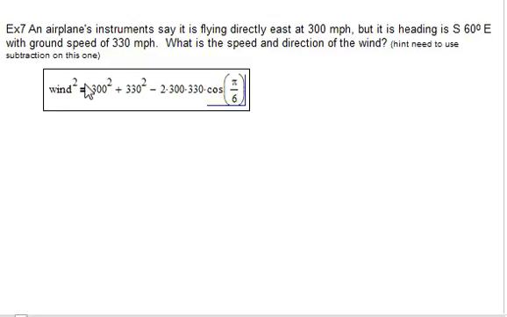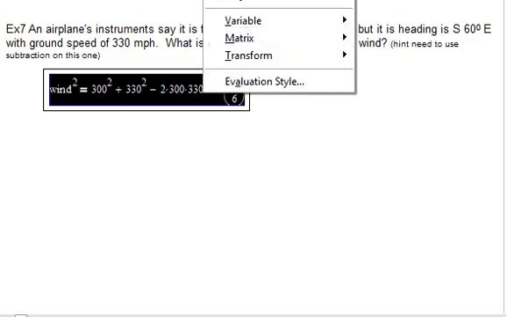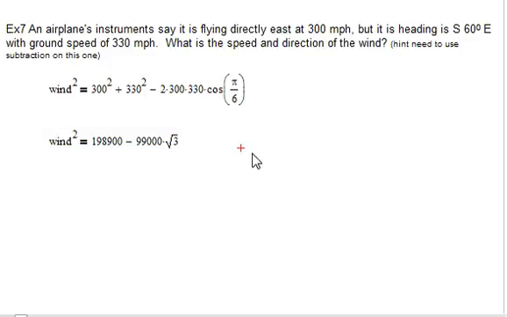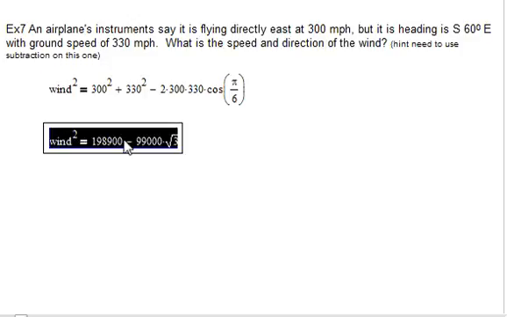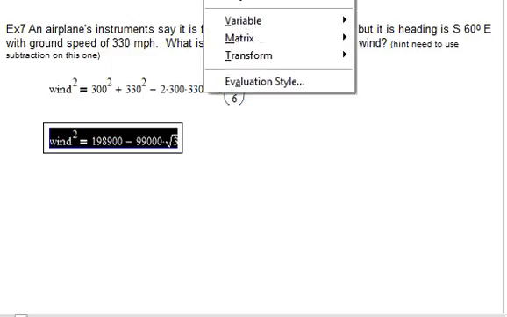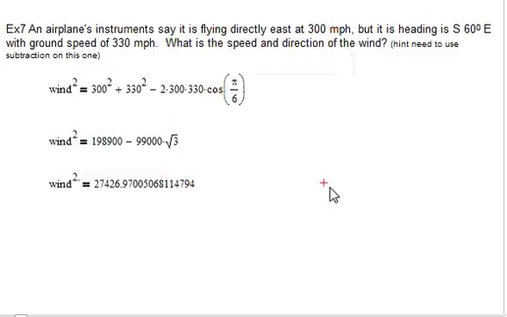If I simplify this, I get this wonderful answer, and to do even better, I'll evaluate it with a floating point, so I get a decimal approximation.